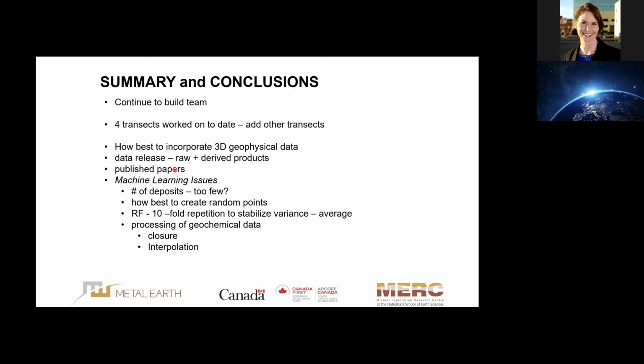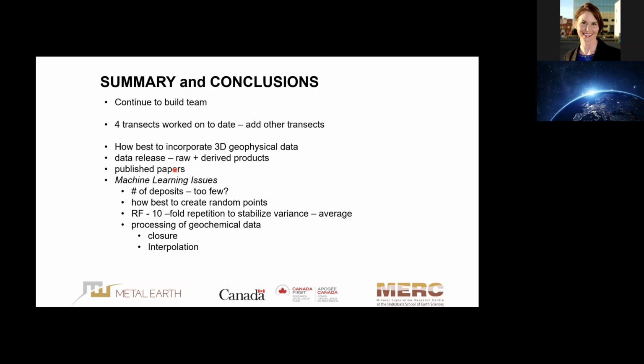Machine learning issues are some of the things we're investigating: if the number of deposits are too few, how is that affecting random forest? And do we have to go to a knowledge-based system, for example? How best to create random points, as I mentioned earlier. And also to stabilize the variance of our models, we're looking at what's called repetition, repeating the model, for example, 10 times, and then taking the average.